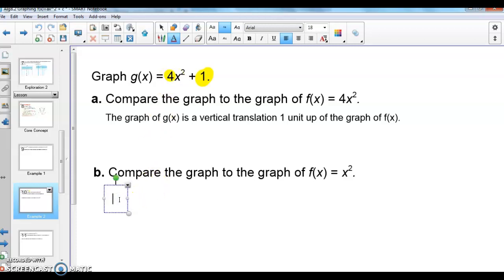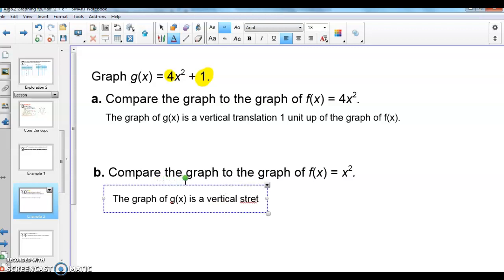So we say that the graph of g of x is a vertical stretch of the graph of f of x, which is x squared, and at the same time, adding 1 to the function causes the graph to move 1 unit upward. So let's include that as well.